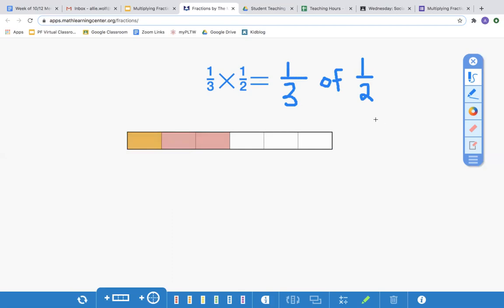So our answer to this problem would be 1/6. So 1/3 of 1/2 is 1/6. So this is just a great way to see visuals and work with these fraction bars, or even if you want to use the fraction circle to help you see these problems and hopefully help you throughout the unit.